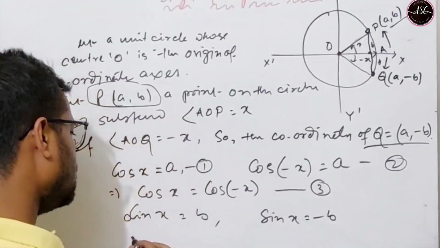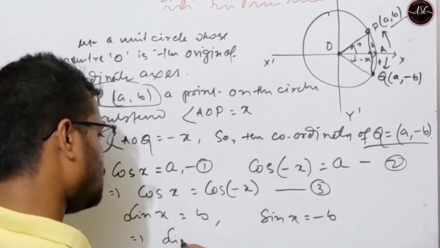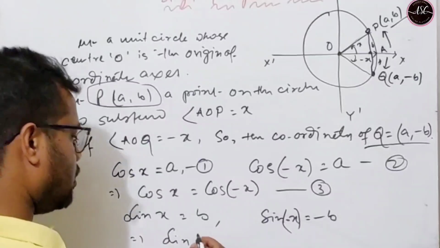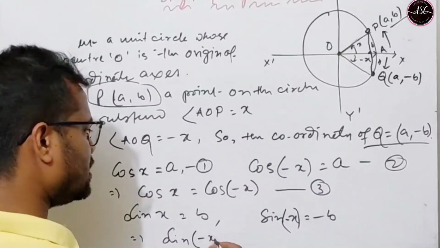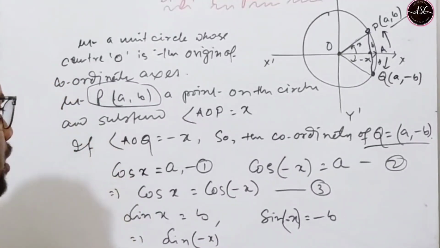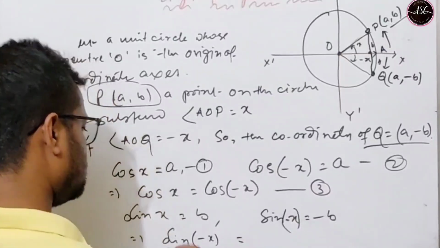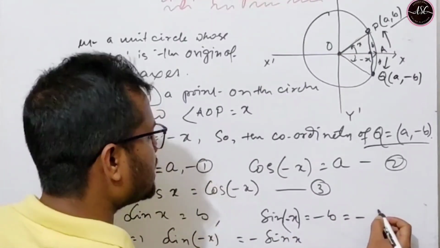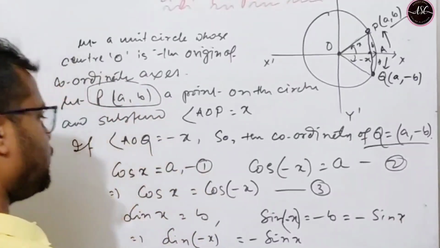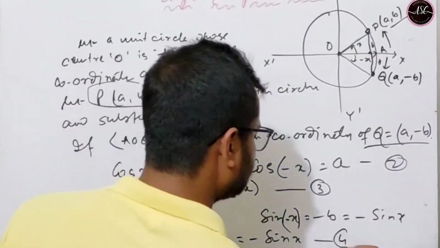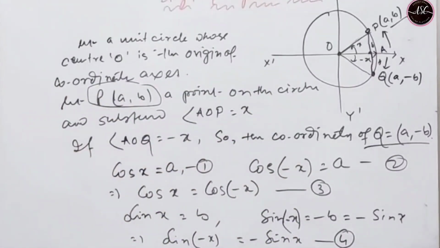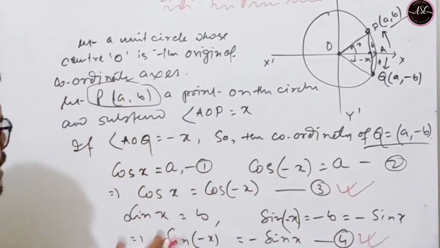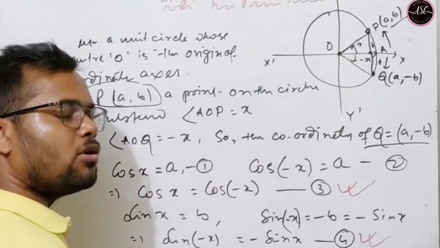So we get sin of minus x equal to minus sin x. Minus b means minus sin x. So this is number 4. These two equations are most important: cos of minus x equals cos x and sin of minus x equals minus sin x.